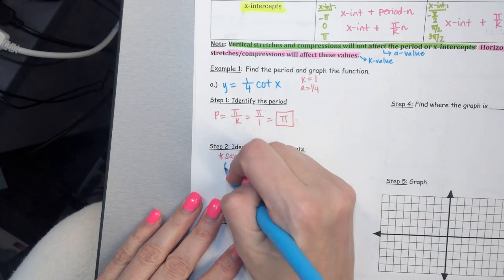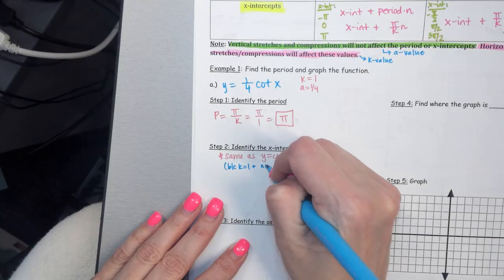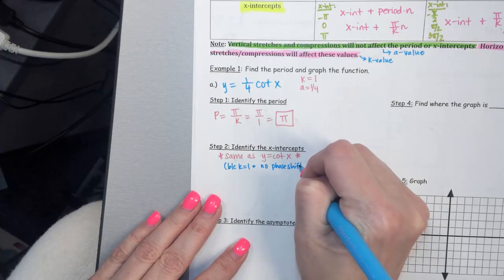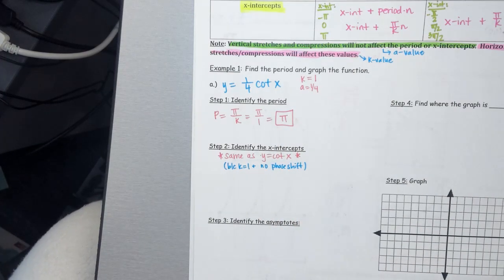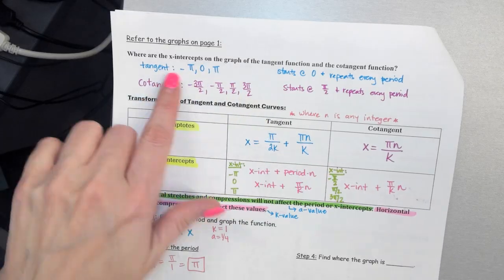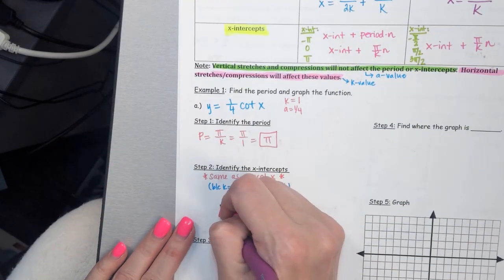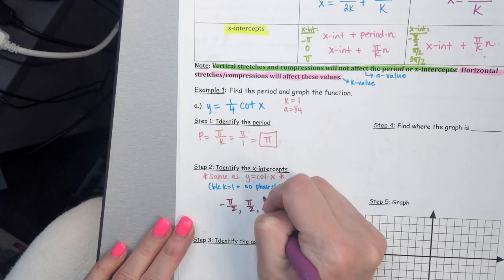They're the same because k equals 1 and there's no phase shift. So if there's no phase shift, there's no change in k, all you have to write down are your x-intercepts of cotangent. If you look back in your chart, we wrote them down here. So you have negative pi over 2, pi over 2, and 3 pi over 2.